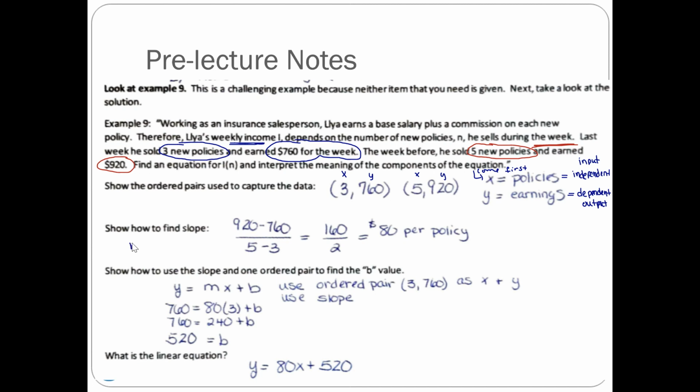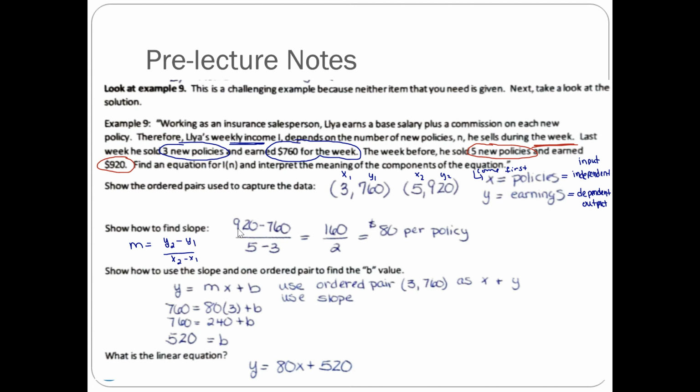So we know that m is equal to y2 minus y1 over x2 minus x1. So you see that I took the second y value, so I'll call that y2, put it in first. First y value went in second. Same thing with the x values, preserving that order, and I got a slope of 80.